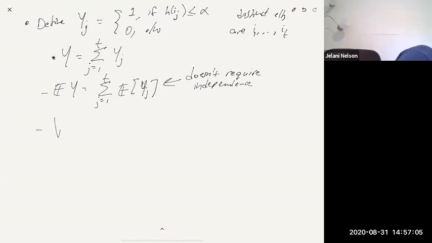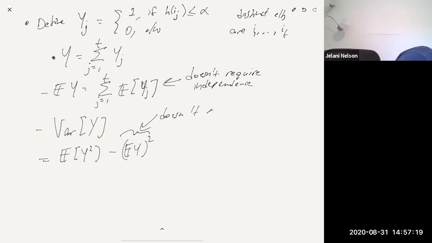And also the variance of Y is equal to the expectation of Y squared minus the expectation of Y, squared. We already know that the second term doesn't need independence. And the first is the sum over all j1 and j2 of the expectation of Yj1 times Yj2.